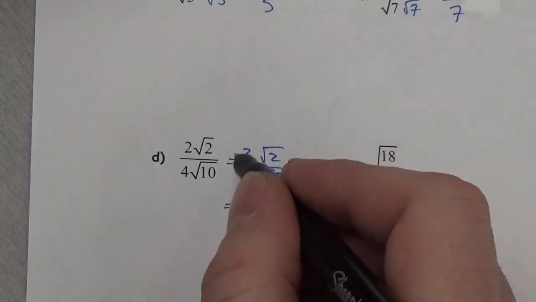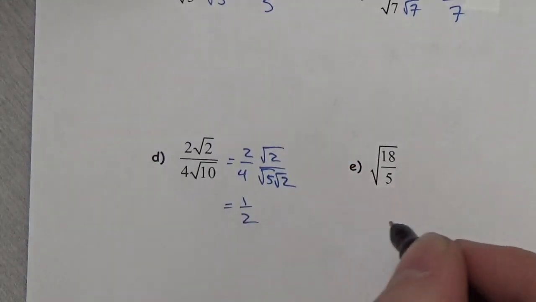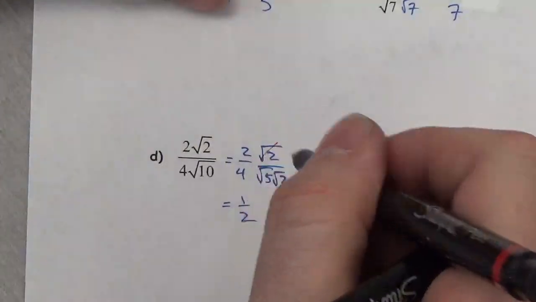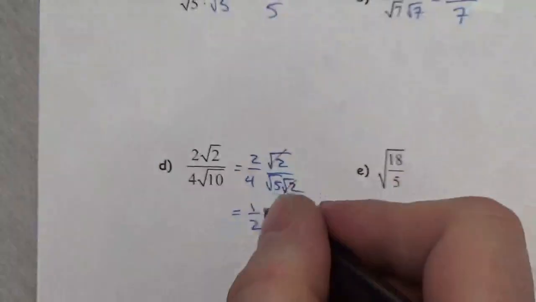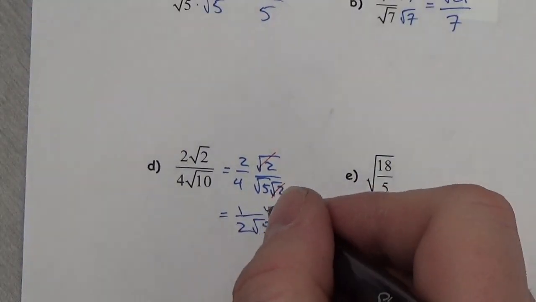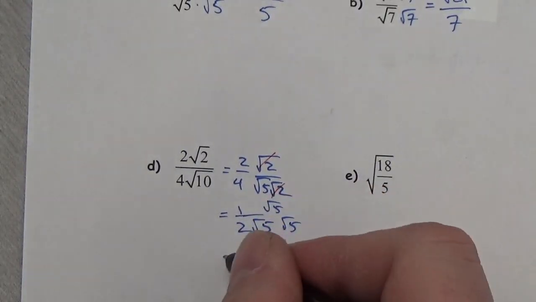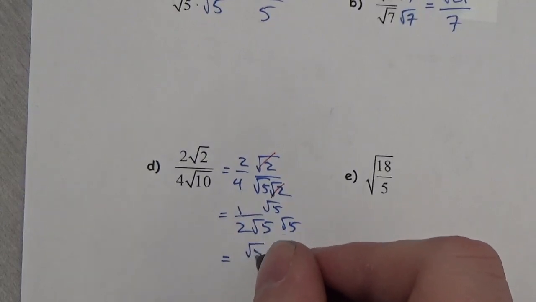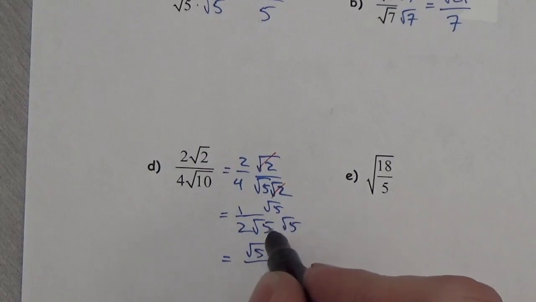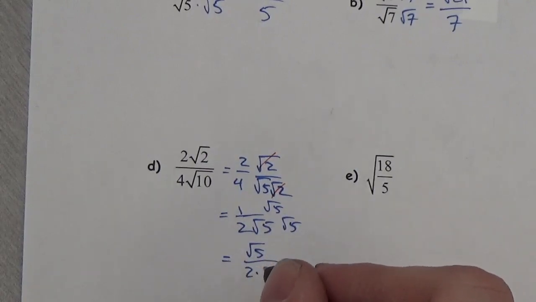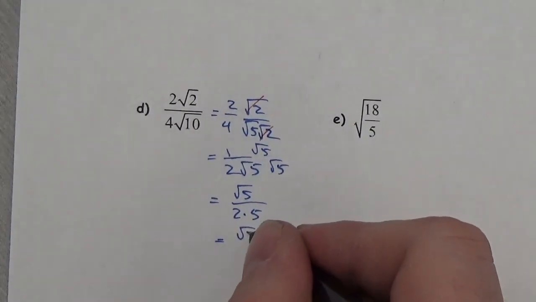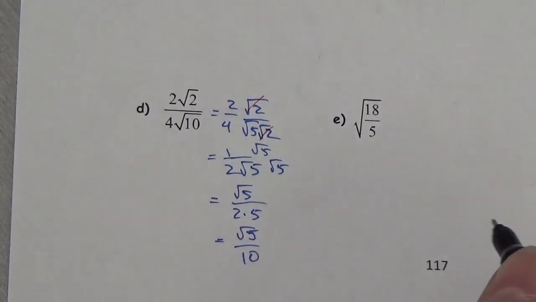Now, 2 over 4 is going to be 1/2. The root 2's here cancel, and so I'm left with 1 and a root 5 in the denominator. Now I'll multiply numerator and denominator by root 5, and this will give me a root 5 in the numerator. I've got root 5 times root 5 in the denominator, which will be 5, but there's still a 2 down there, so this ends up being root 5 over 10.